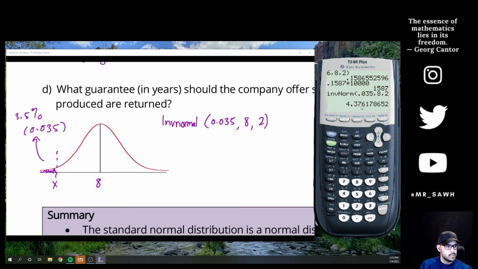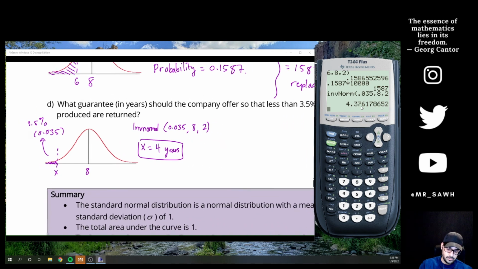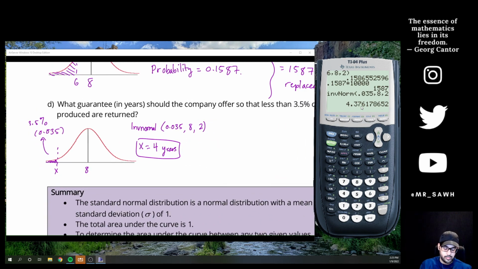So what guarantee in years? I do have to round this down to the nearest whole year. And again, don't take this bell curve as being to scale, but 4 years is what the guarantee should be for less than 3.5%. Okay, so they should do a 4-year guarantee.